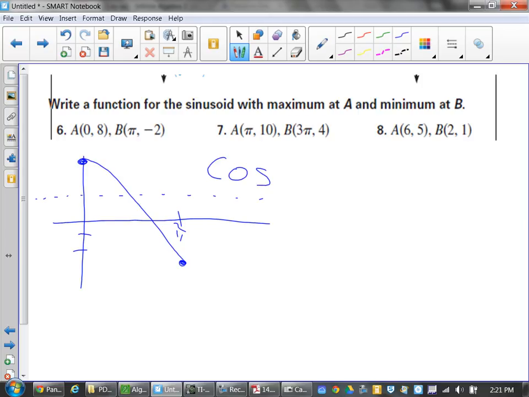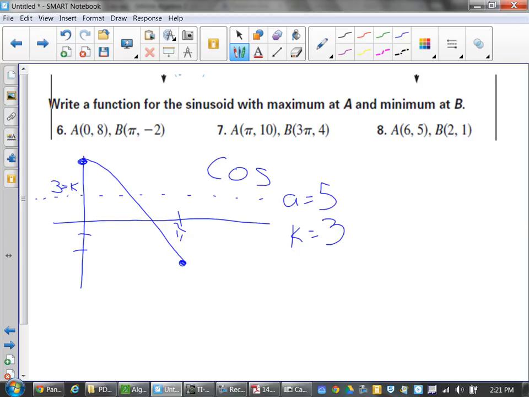So I know that there's a vertical shift upward of 3. And now to get your A value, remember your A value moves you up from your 0 line, which is our vertical shift, up to your amplitude. How much was A? In this case, K is 3, so your A value is 5, your K value is 3.